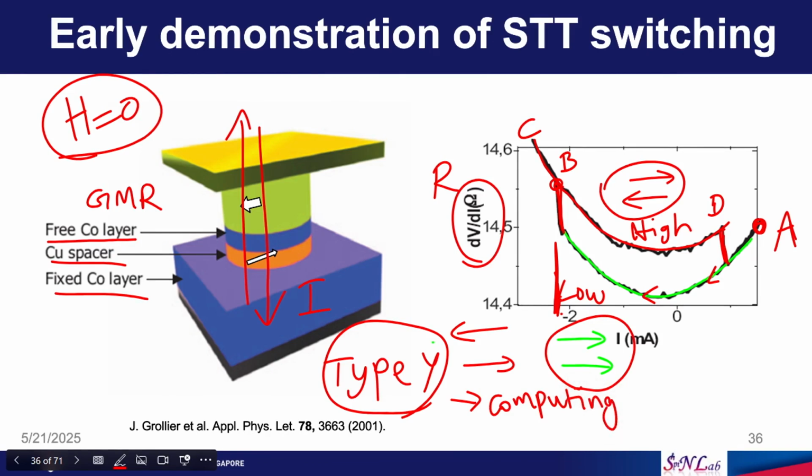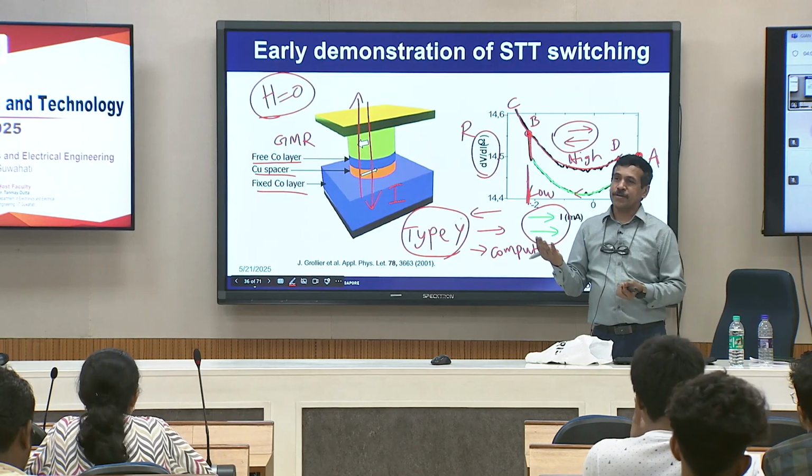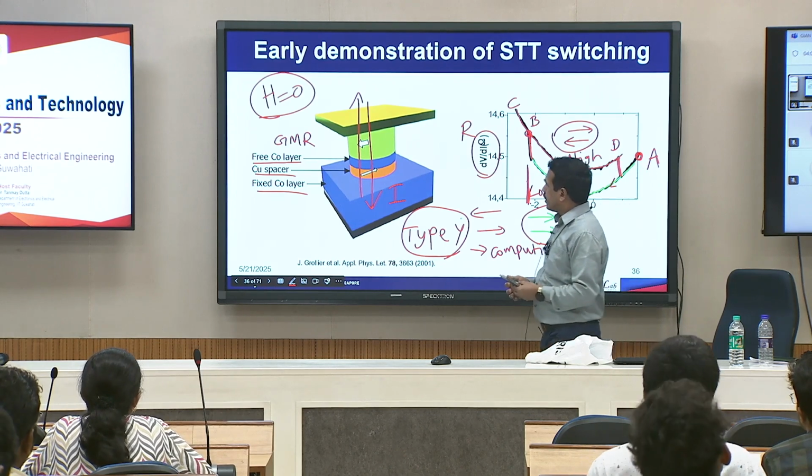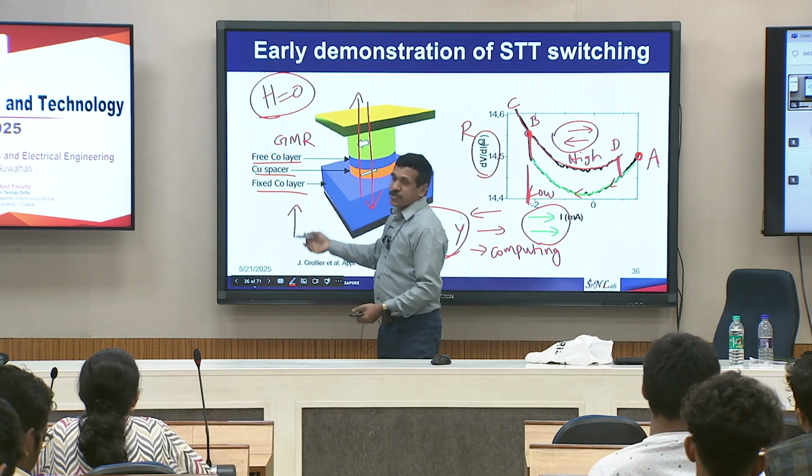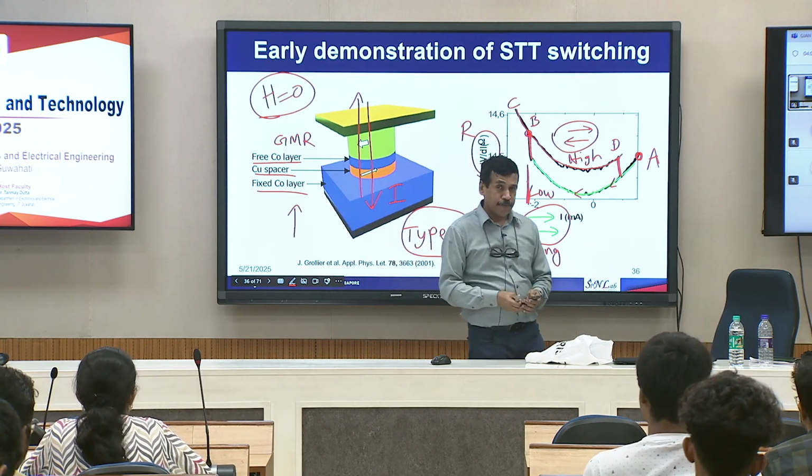For that particular application type Y is useful, but when we are talking about MRAM, and we are going to learn about storing information tomorrow, at that time you will realize that perpendicular MRAM is more useful than in-plane MRAM. It is very similar to longitudinal magnetic recording and perpendicular magnetic recording. There are many benefits when you store information as magnetization in the perpendicular direction.